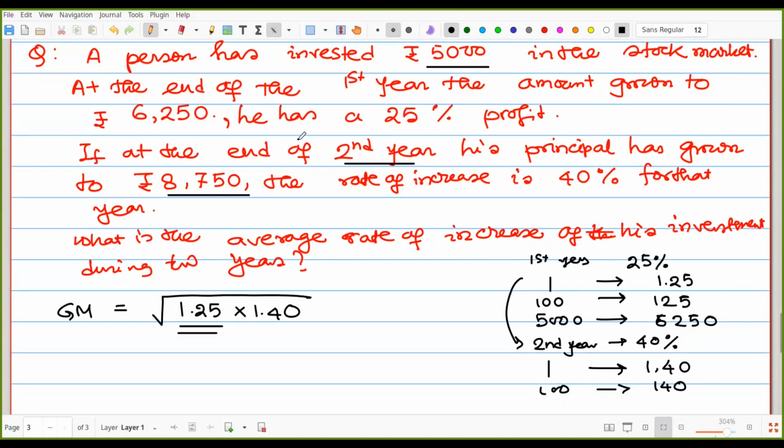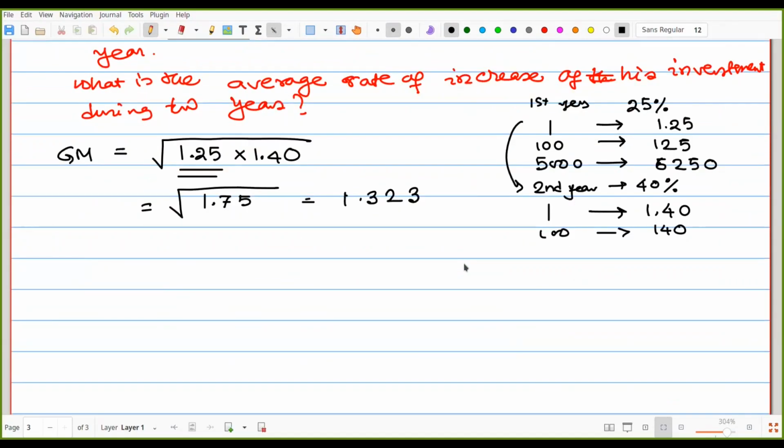So when he is giving 6,250, he is getting 8,750. So that one is 1.25 into 1.40. After multiplication, we are getting 1.75, and after square root, we are getting 1.323.